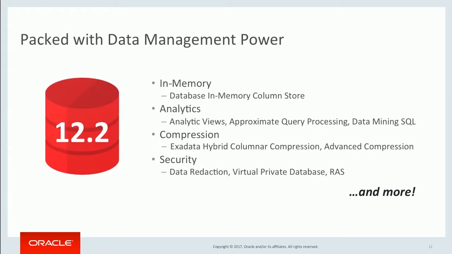So it's a 12.2 database, as I mentioned, so it's packed with all kinds of features that you can exploit in the 12.2 database. A lot of these features that you see here are either new or greatly improved for 12.2, but since your service is this 12.2 database, you get access to that.